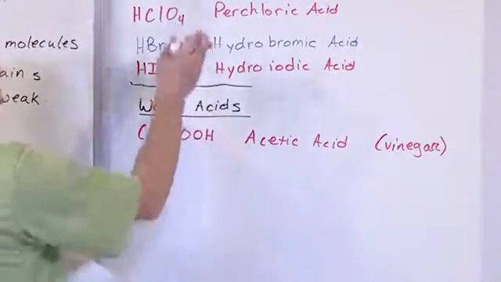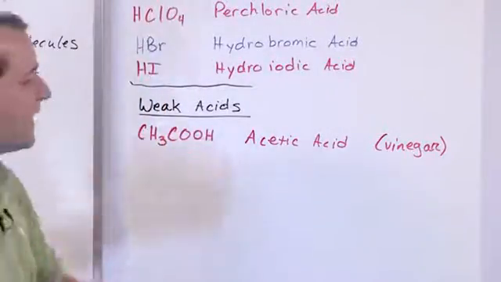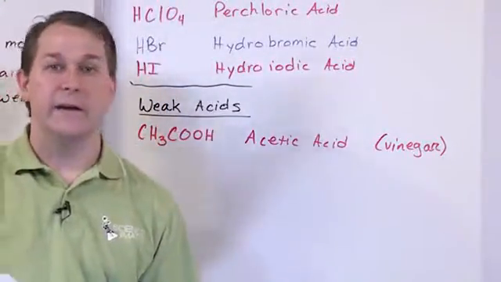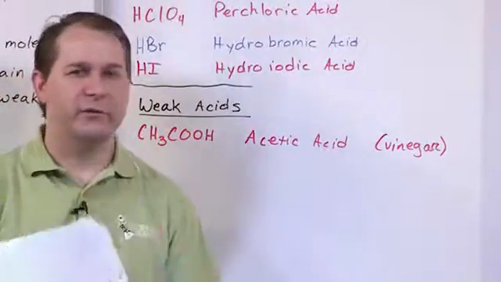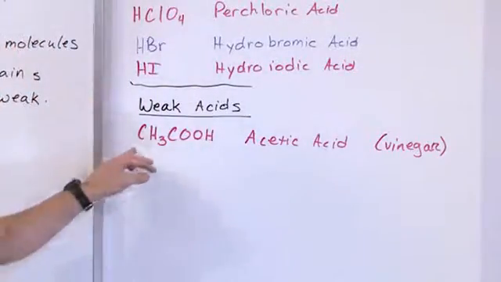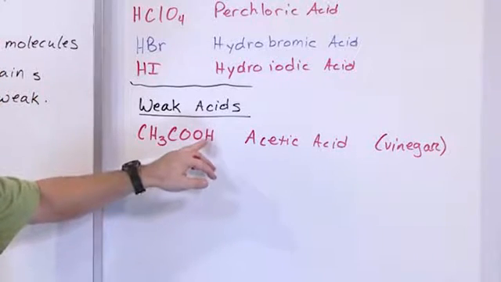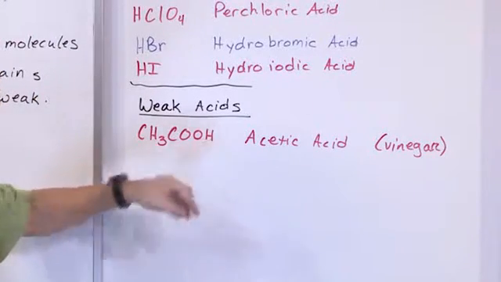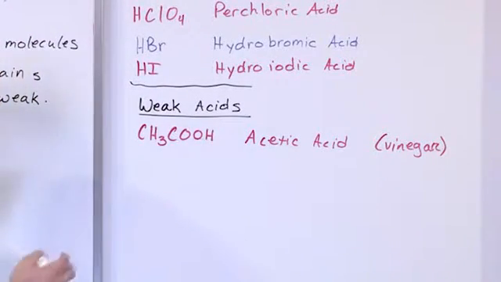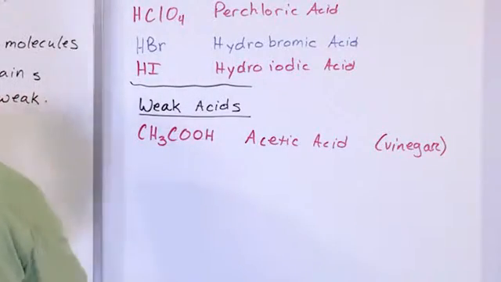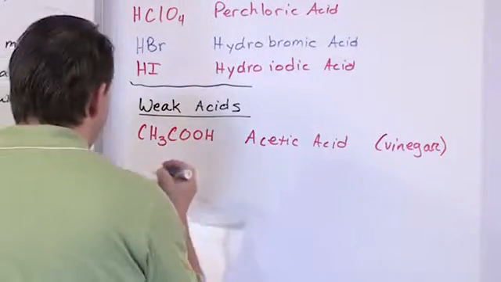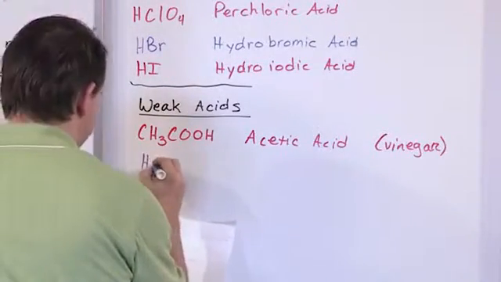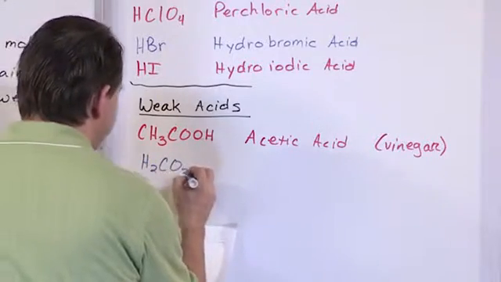But compared to something like hydrochloric acid, acetic acid does not break down in water as readily. It doesn't dissociate as readily. But you do notice that there's hydrogens in here that are going to be liberated whenever you put it into water. Okay, another one is carbonic acid, H2CO3.